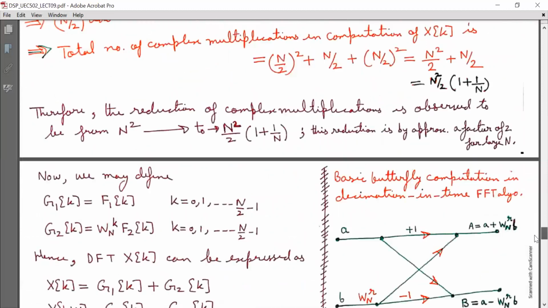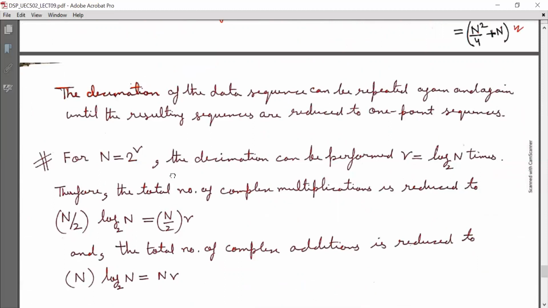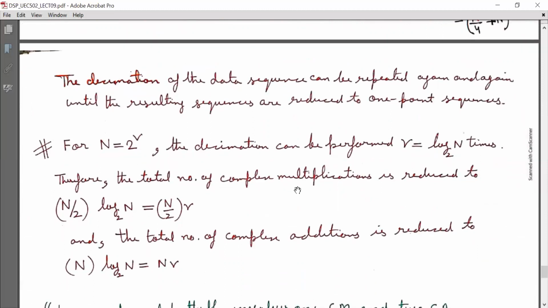Now, if we are using radix 2 decimation in time algorithm, then the total number of complex multiplications is reduced to n by 2 into log 2n, and the total number of complex additions is reduced to capital N log 2n. So a huge reduction in computational complexity is observed when you use the FFT algorithm. And here we have used the radix 2 algorithm with decimation in time approach.